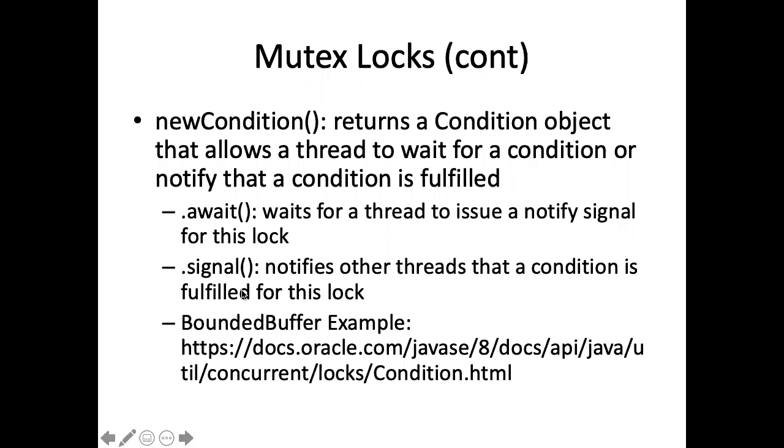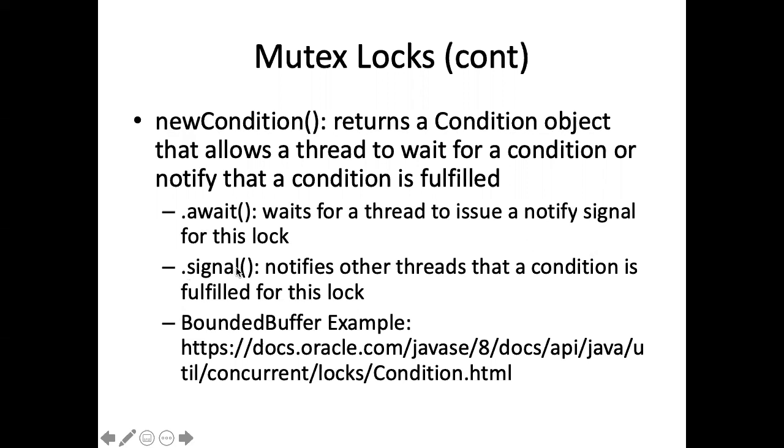So a condition object fulfills the same functionality. It has an await method that basically releases the lock temporarily while you wait for some condition to be fulfilled. Basically, you're awaiting a signal for this lock.